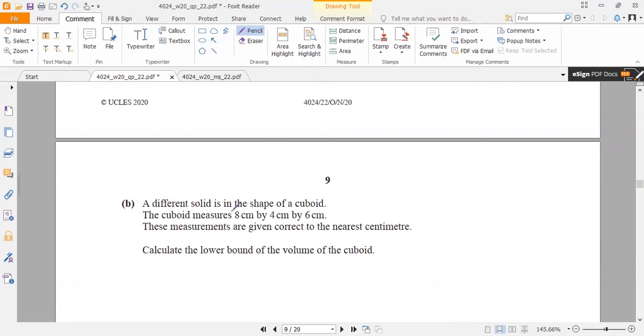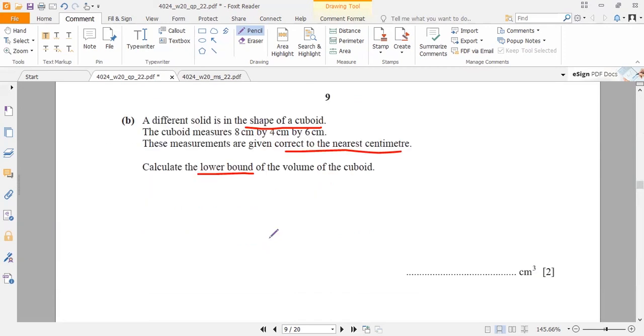A different solid is in the shape of a cuboid. This is the cuboid. Okay, the cuboid measures 8 centimeters by 4 by 6. These measurements are given to the nearest centimeter and we need to find the volume using the lower bound. So it means that we need to subtract 0.5 from each measurement.